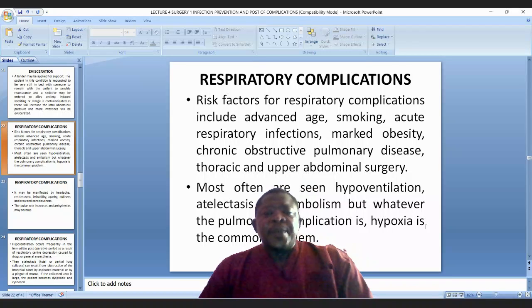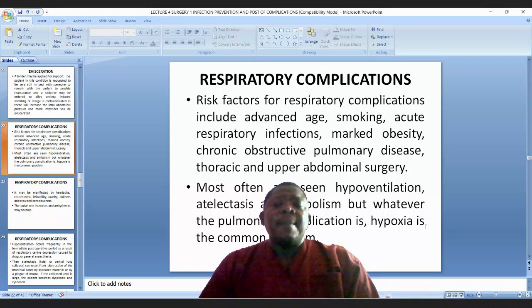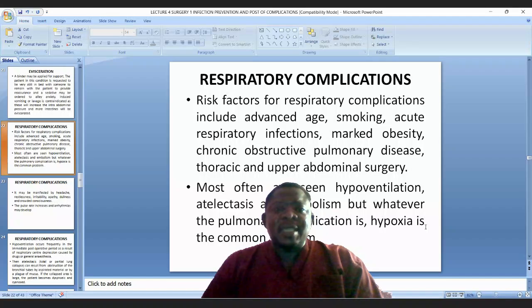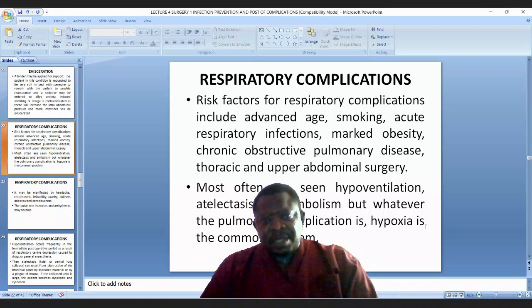Okay, away from evisceration, which is part of the GIT complications we see in abdominal surgery or as a general complication in major abdominal surgery, let us now look at respiratory complications. Risk factors for respiratory complications include advanced age, smoking, acute respiratory infections, marked obesity, chronic obstructive pulmonary disease, and thoracic and upper abdominal surgery.